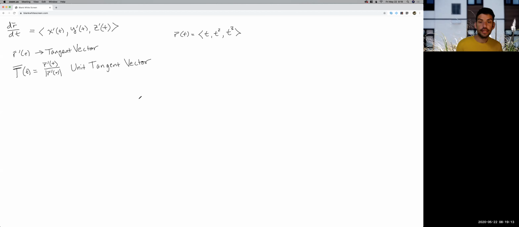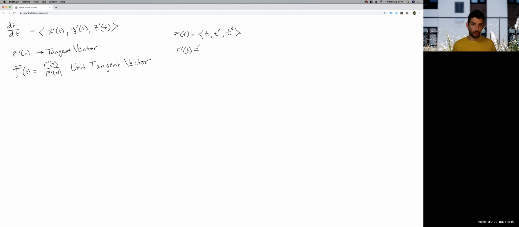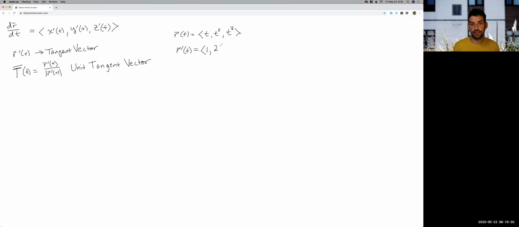Okay. Let's look at r prime of t. Well, looking at my definitions, I just take the derivative of each of these component functions. The derivative of t is 1. The derivative of t squared is 2t. The derivative of t cubed is 3t squared.